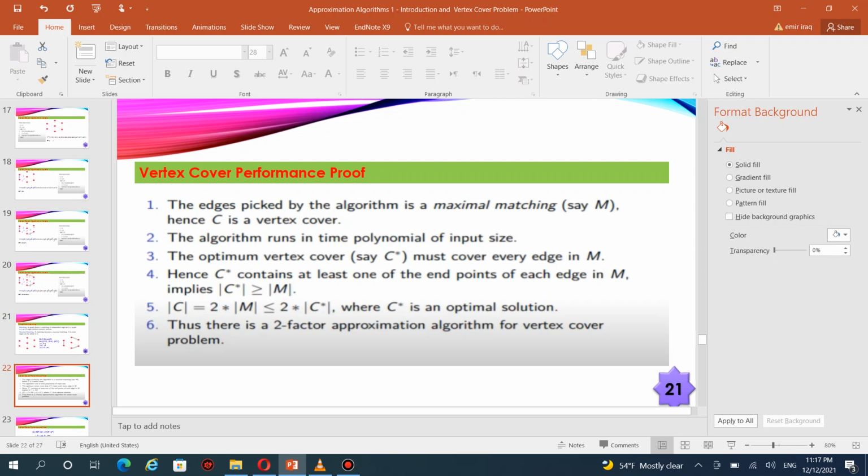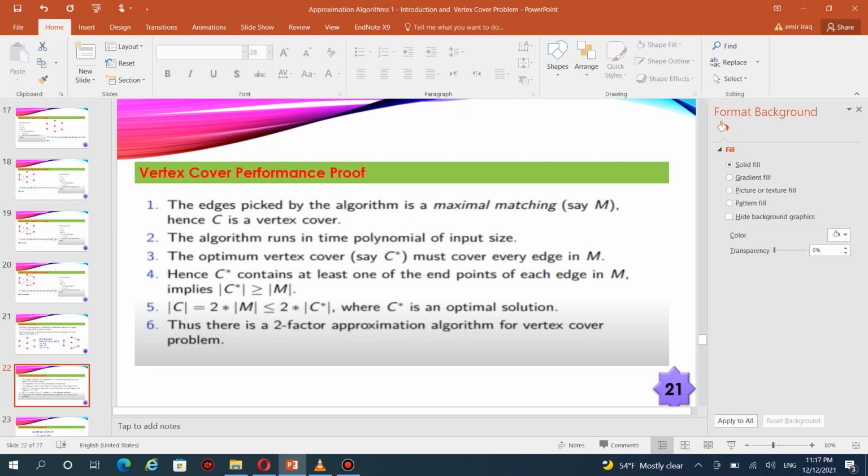Vertex cover performance proof. The edges picked by the algorithm form a maximal matching, which we denote by M. Hence, C is a vertex cover. The algorithm runs in polynomial time in the input size. The optimal vertex cover C star must cover every edge in M, the maximal matching.